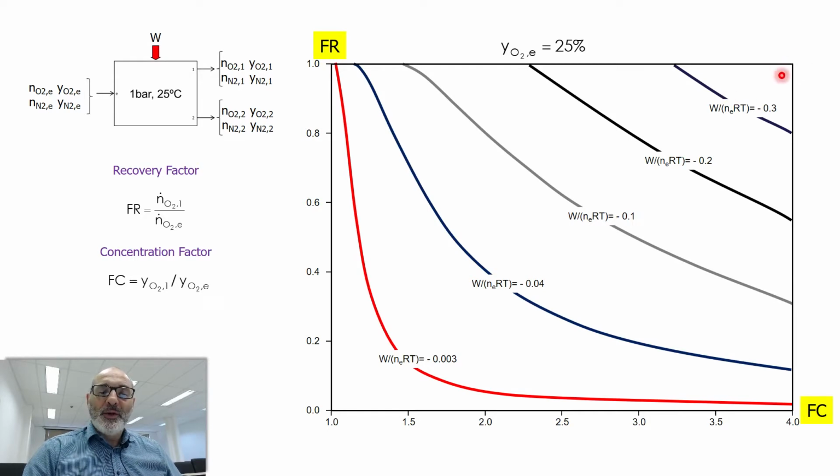We can really inject less work than the minimum. It's funny to say it like this, but the minimum work corresponds to perfect separation. If we inject less work than the minimum, we allow for less pure oxygen.